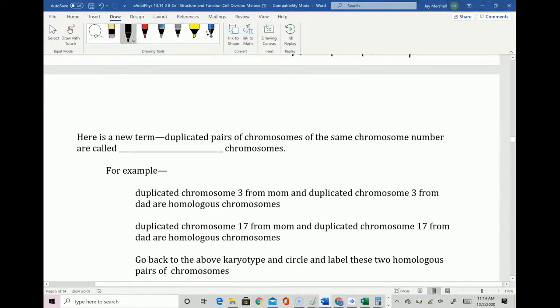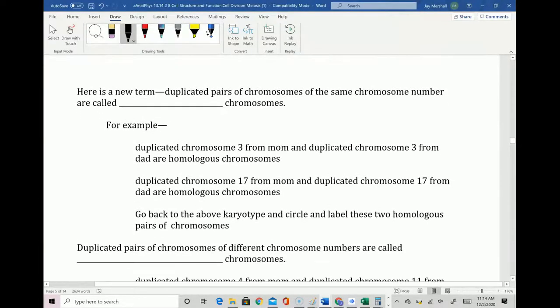Okay, now here's a new term. Duplicated pairs of chromosomes of the same chromosome number are called homologous.